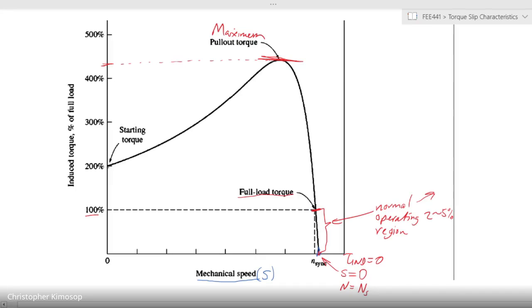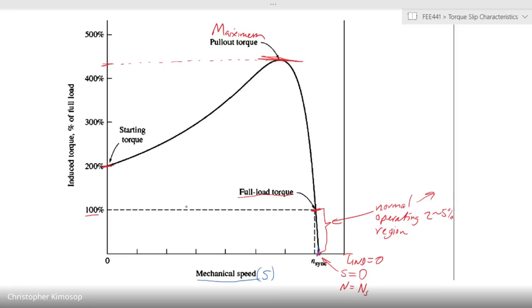The starting torque is another interesting one. You will note that the starting torque is much, much higher than the full load torque. That means that the motor can carry a load when it is starting that is greater than the actual full load, which is an advantage of this kind of motor.